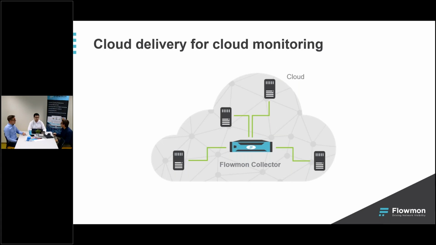Maybe a question is, what type of customer would deploy this? What type of services do they want to monitor? Lubos, if you want to add. I think at this time every type of customer who is considering a transition to cloud needs to think about how to deploy into the cloud and how to see the traffic as they were used to seeing it when they had their infrastructure on-prem.